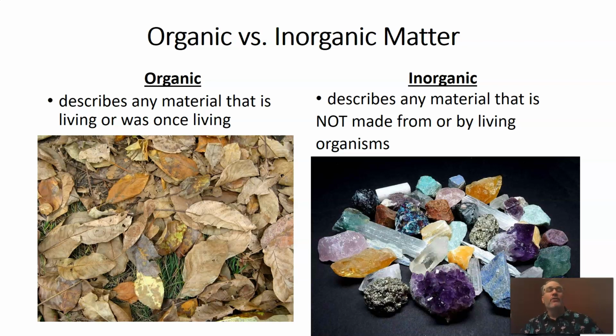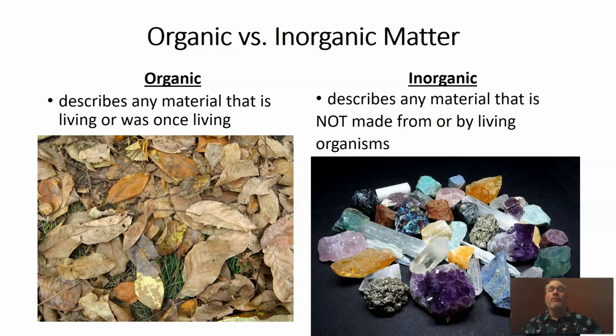If we look at any material from a plant, whether it's living or no longer living, whether we're looking at branches or twigs or leaves or roots, that is organic matter. Things that are microscopic are also organic matter. Now, animal droppings, poop, is also a form of organic matter because it was produced by something that was alive.